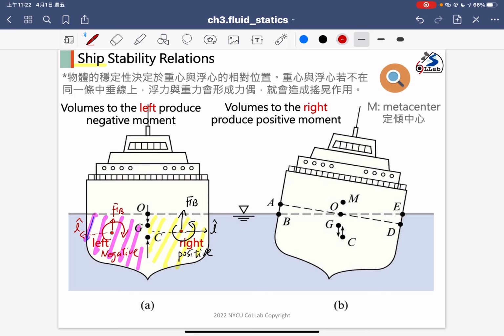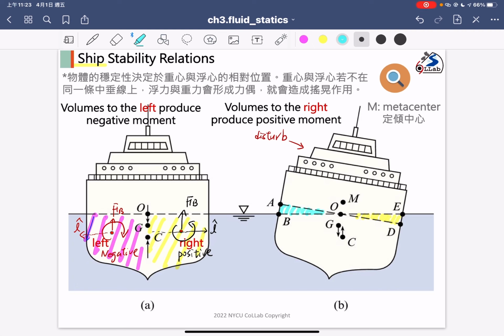But right now we add some disturbance. We disturb the ship. The ship will be disturbed by the ocean waves, right? It does not always stand still here. So we have disturbance by ocean waves. It will rotate right, rotate left, rotate right, repeatedly. So in that case, we disturb the ship, and we have some area immersed into the liquid and some area outside the liquid.